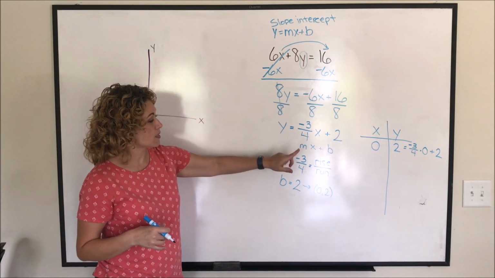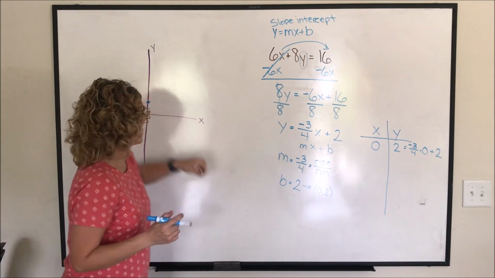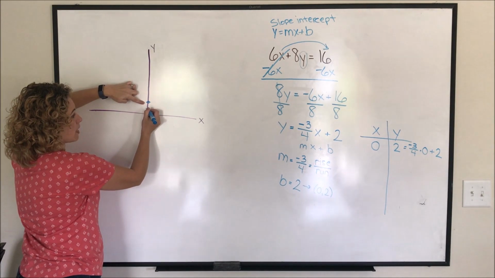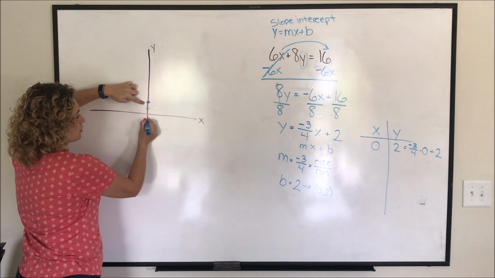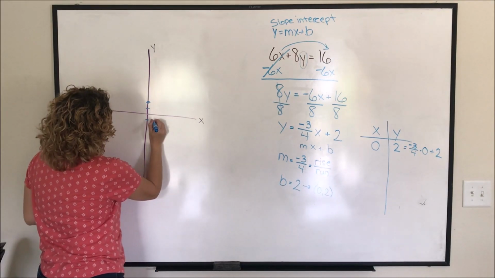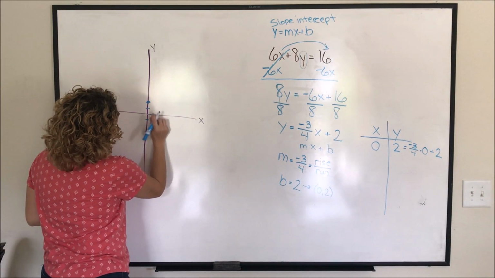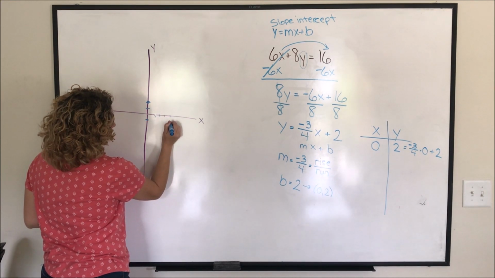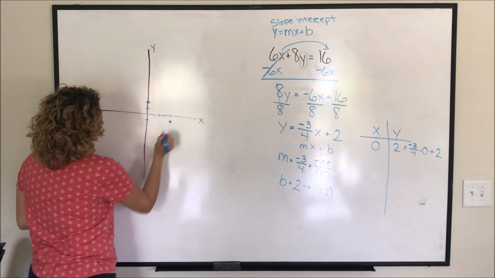Our slope says we're going to rise -3. So from our B, we are going to rise -3. So down 1, 2, 3. And we're going to run +4. So that's 1, 2, 3, 4. So right about there.